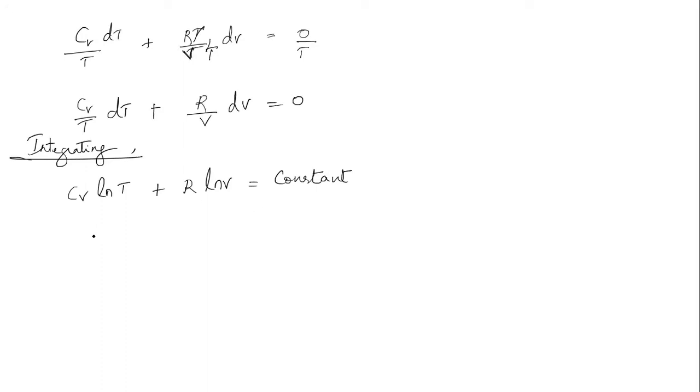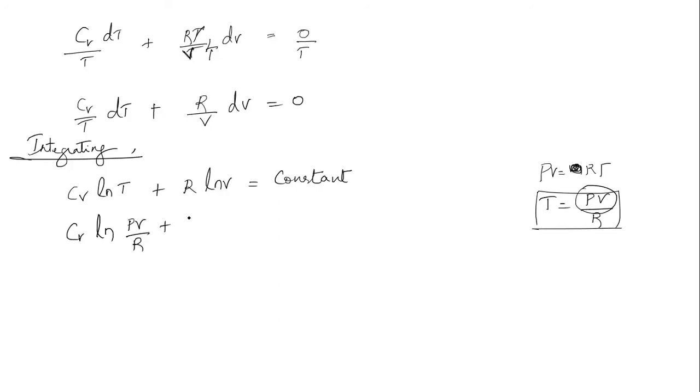Next, we know that Pv is equal to mRT. I will consider 1 kg. Therefore, T is equal to Pv by R. Why I have written this is to get this Pv. Therefore, ln T is ln Pv by R plus R divided by Cv ln V is equal to constant.